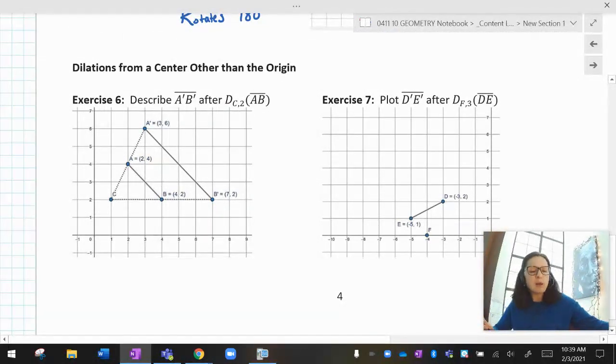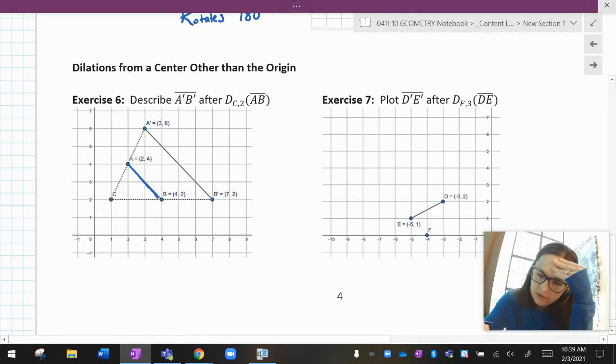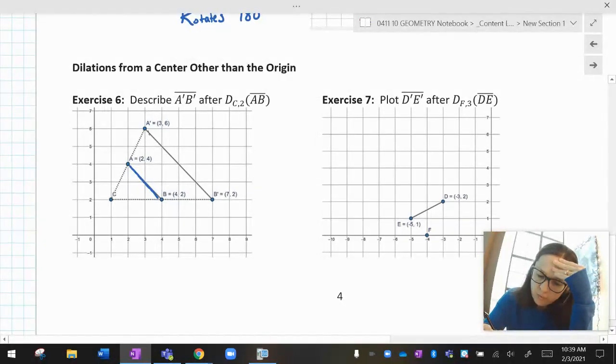All right. Now, what happens when I dilate somewhere other than the origin? Well, let's see. This is another one where in class I'd have you think about it. Describe A prime B prime after a dilation from point C with a scale factor of 2. Well, this blue one became this green one.